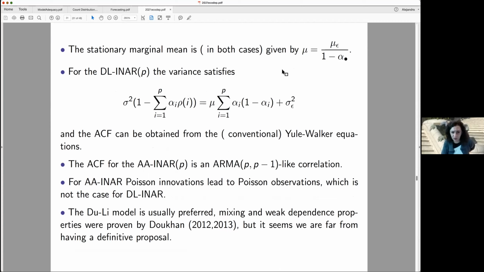For the Du and Li model, the variances can be computed via this recursion, and the autocovariance function can be obtained from the Yule-Walker equations, the same Yule-Walker equations as for an ordinary AR(p) model. So we can estimate parameters that way.